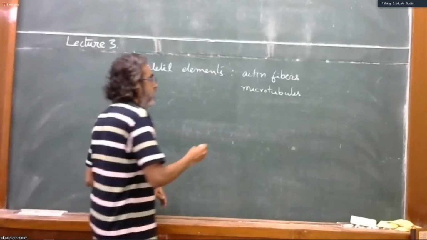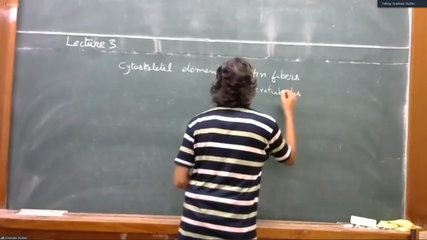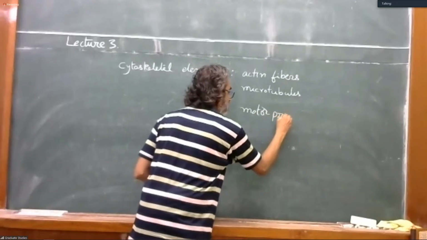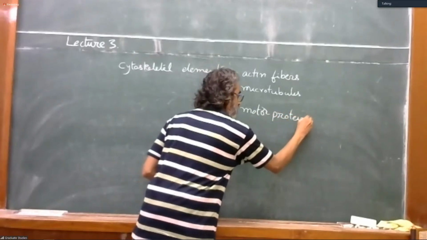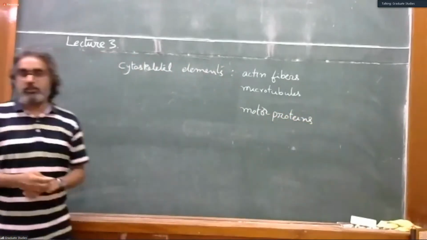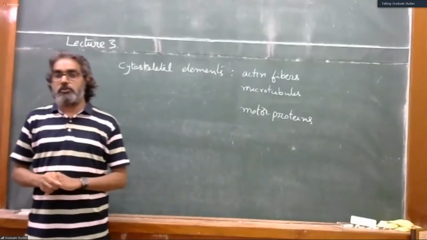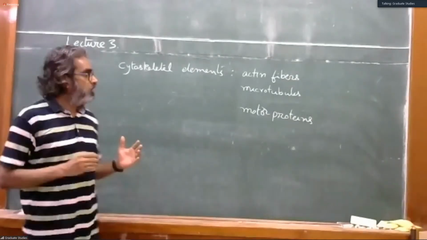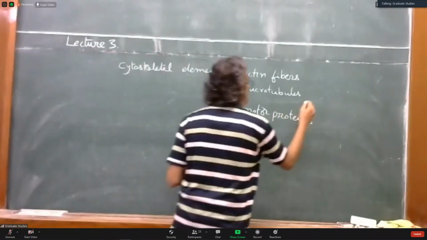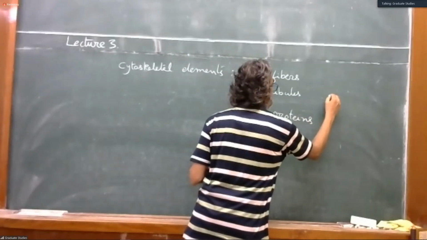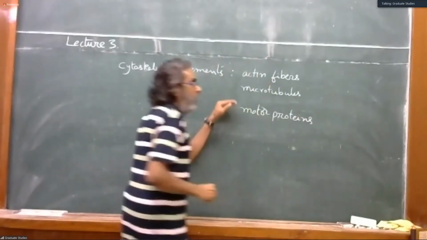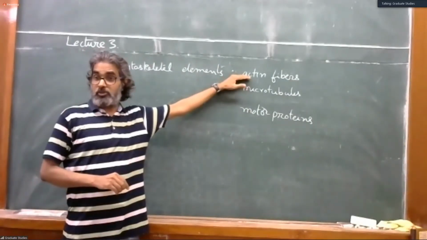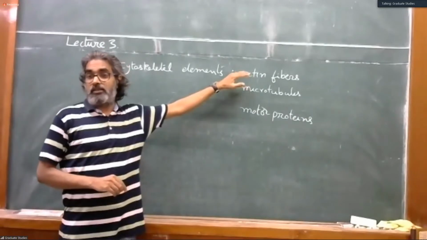And then I discussed motor proteins, which use these cytoskeletal elements to convey cargo from one place to another. I said that kinesin walks on microtubules and dynein walks on actin fibers. That's not correct.